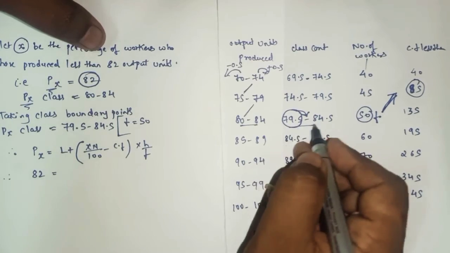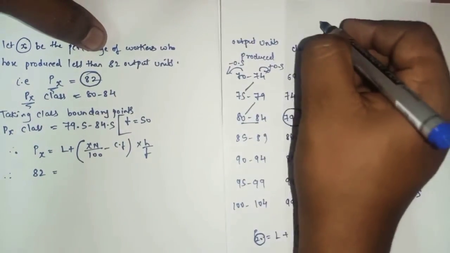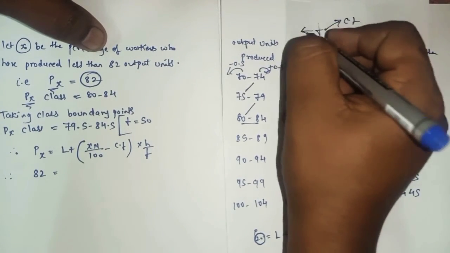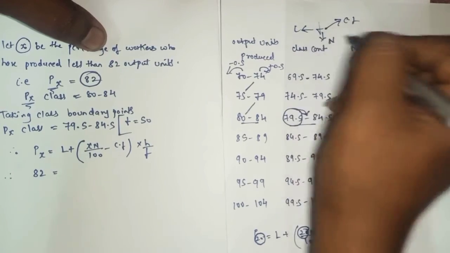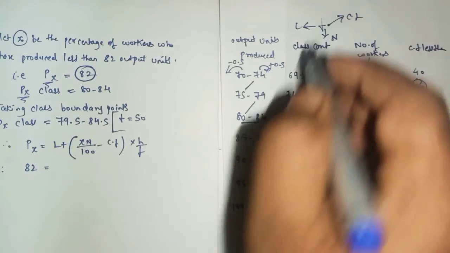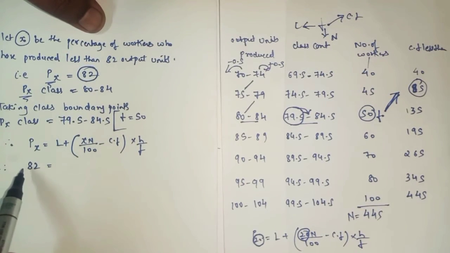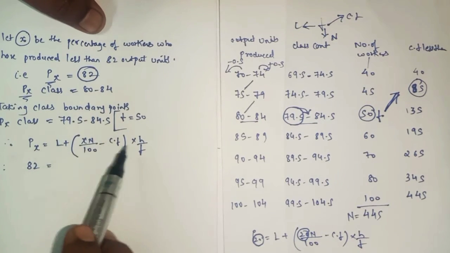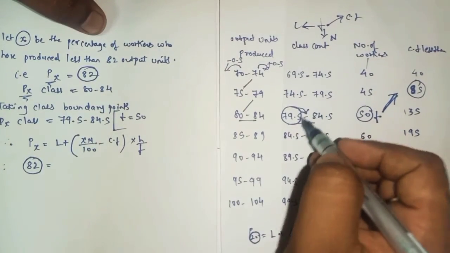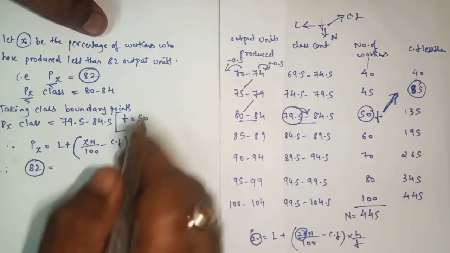If the answer lies between these two, this will be F. As we know the structure: F, CF, L, and at the bottom you will get N. With the help of this answer you can find P, L, CF, H. Simply see where 82 lies, and it lies between these two classes, so this will be F.